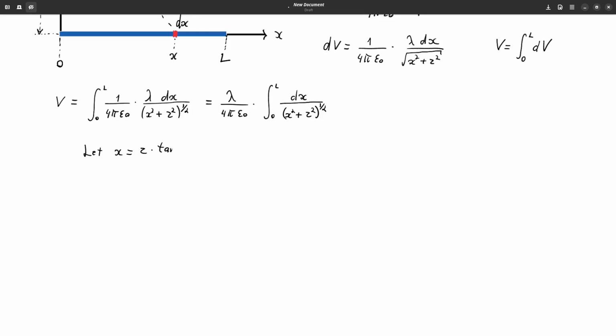Let x be equal to z times the tangent of theta. So, dx is going to be z times the secant of theta squared. Just trust me this time, I'm not showing how to do this derivative. Now we substitute x in the denominator by z times the tangent of theta.